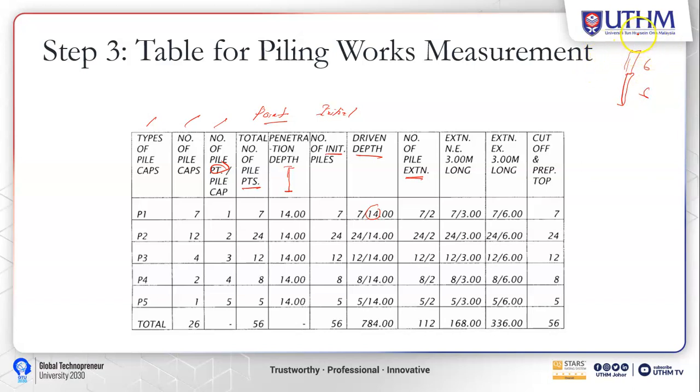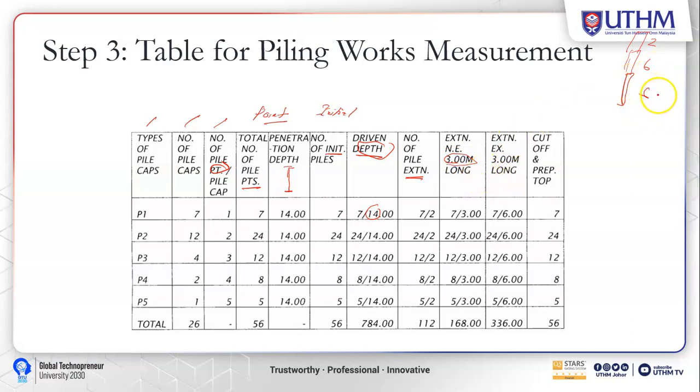So the balance is 2 meter to achieve our driving depth. So in this case, we use the shortest pile, which is 3 meters. So we use the 3 meter long pile.